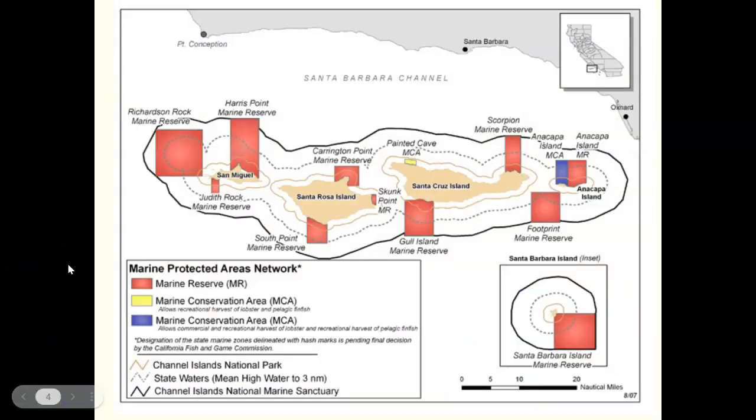Here shows you our Channel Islands, just right off our coastline. Many of our Channel Islands do have protective areas where you can see there are conservation areas. Just because there are conservation areas there does not mean that every single organism there is off limits for fishing or catching.